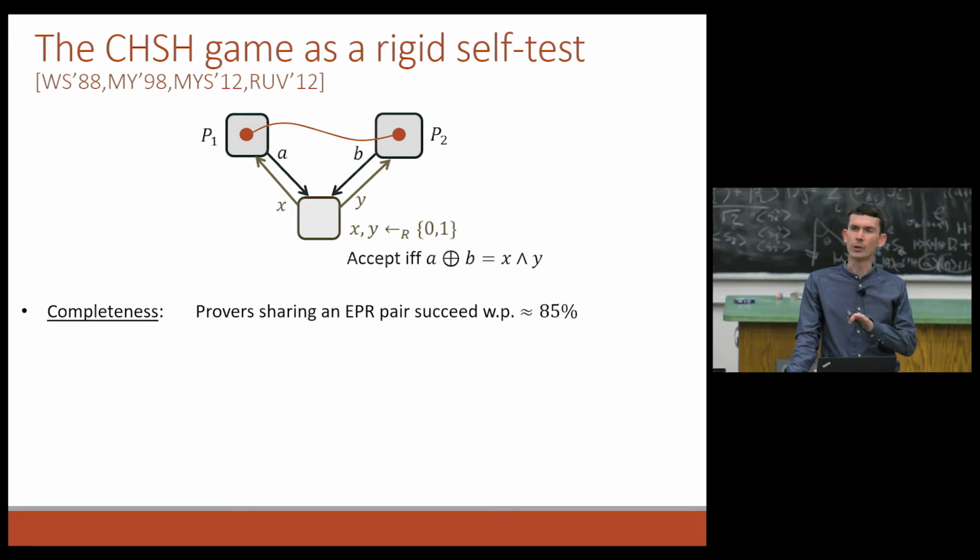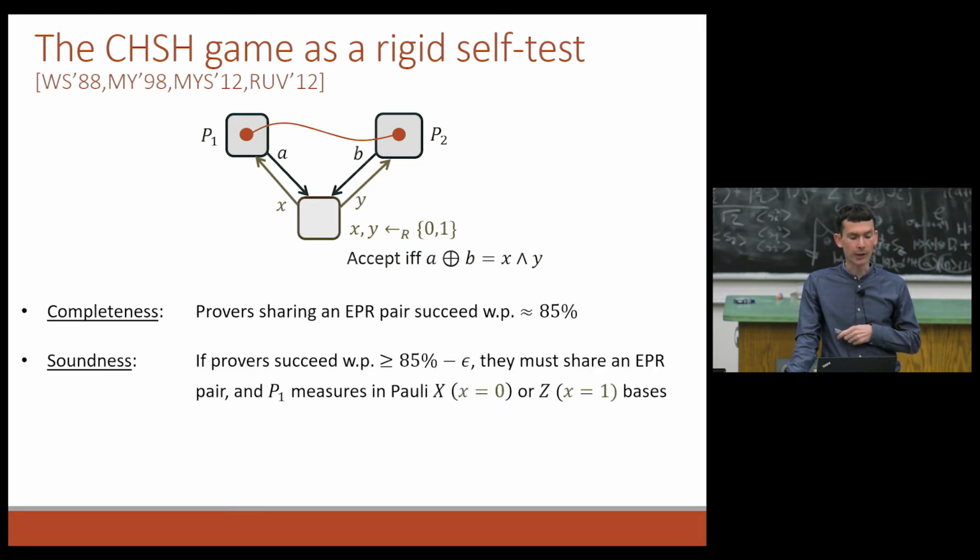One of the reasons people study this is that if they don't have entanglement, then the best success probability is lower. It's 3/4. And so people use this as a test for entanglement, just repeating this many times and evaluating the success probability. If it's anything above 3/4, then you have a proof that these provers were using entanglement, assuming that they did not violate the no communication assumption.